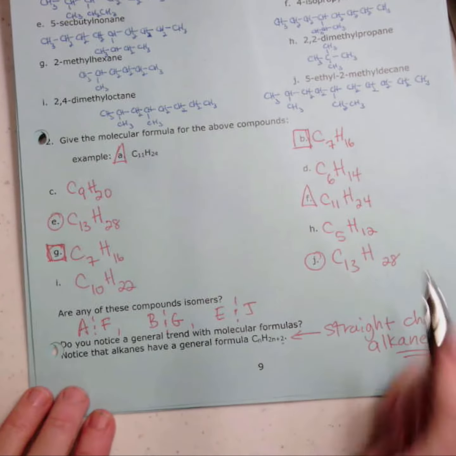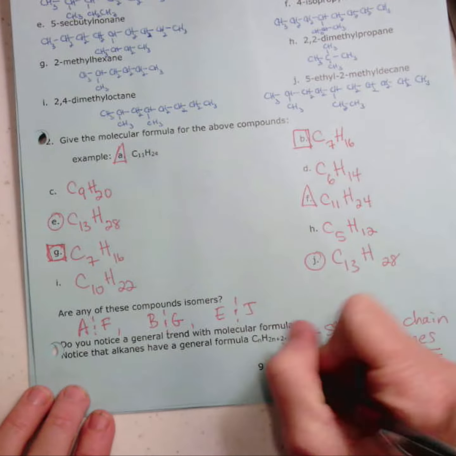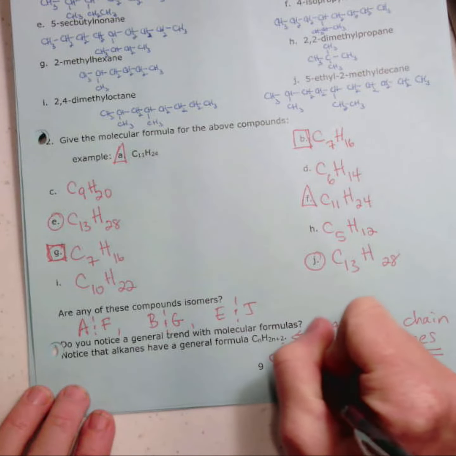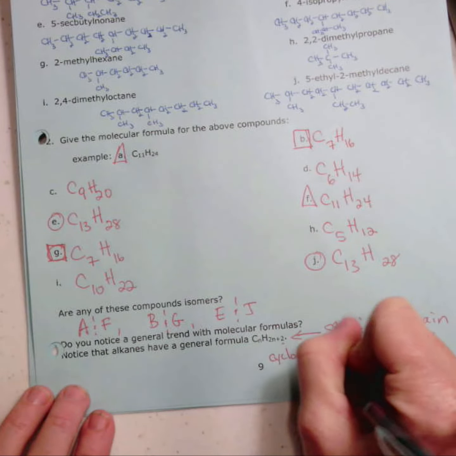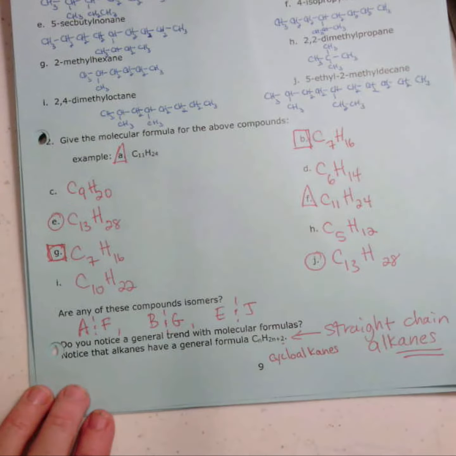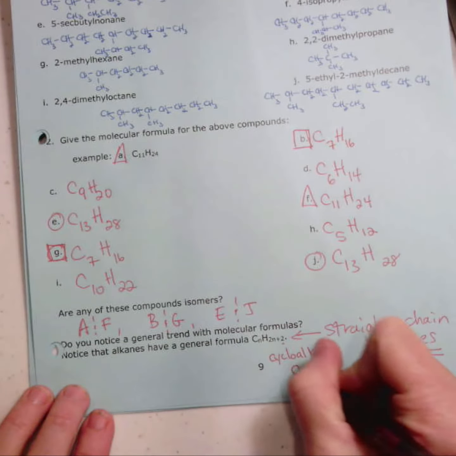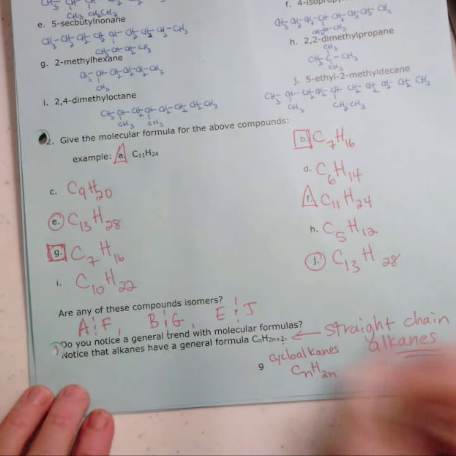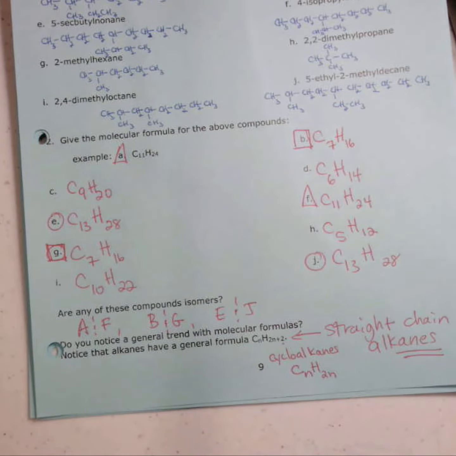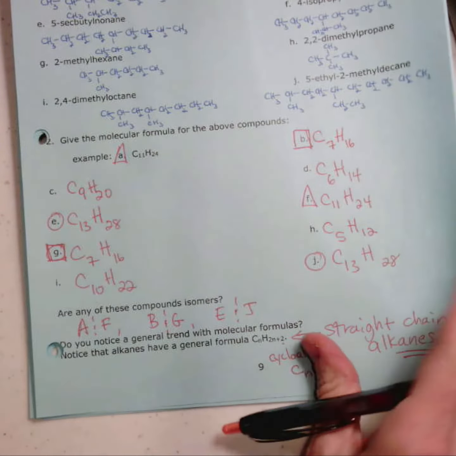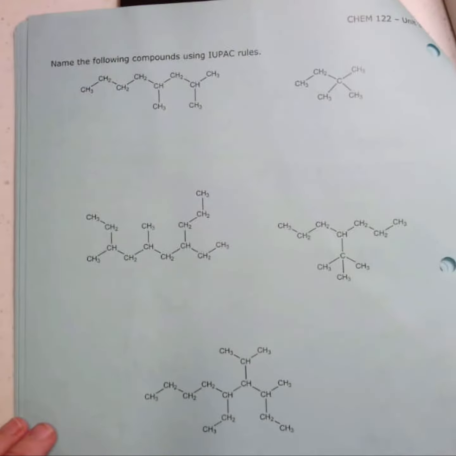Oh, while I'm thinking of this, for cycloalkanes, they have the general formula CnH2n, because remember with cycloalkanes you lose 2 hydrogens. I hope you can see this. Kind of a little blurry, but I'm doing my best.